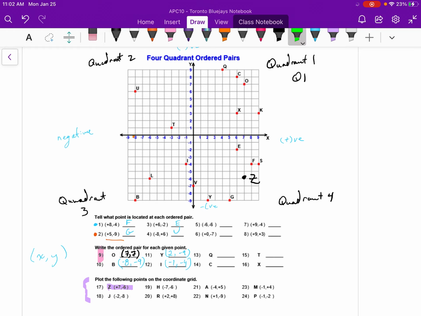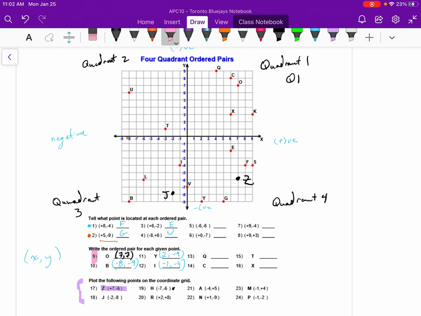All right. Next, J is (-2, -8). So x is negative 2 along this vertical line. Y is negative 8 along that horizontal line. The intersection point is where we find our point J. Now, I am just going to move fairly quickly for H. Negative 7, negative 6.